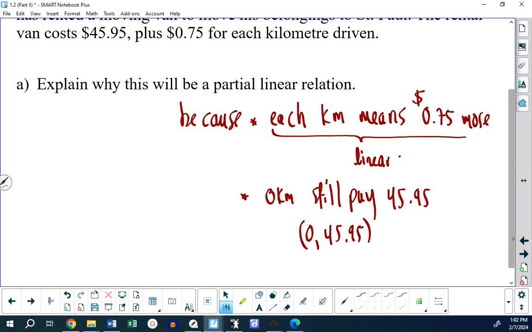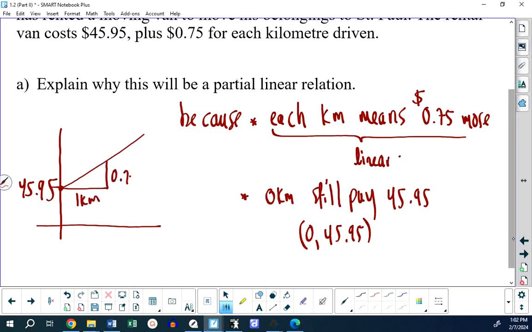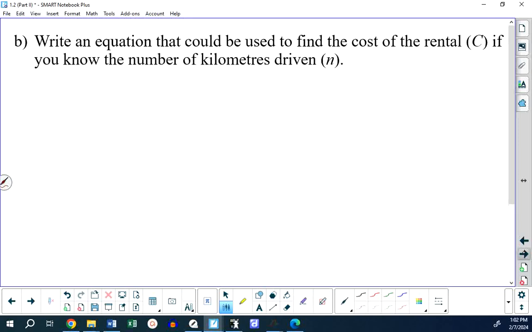And what that means graphically is the graph is going to start here and be linear. And it will be linear after that point because each time you go up, I'm going to make the graph scaled weird, you go up 1 kilometer, it's up 75 cents. Up 1 kilometer, up 75 cents. That's what makes it linear. So it's a partial linear relation for those reasons.